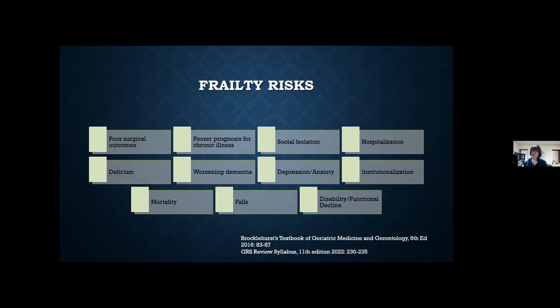Because they're not out and about, social isolation becomes much more of an issue, which can coincide or be comorbid with depression and anxiety. That lack of social engagement, we also know, increases the likelihood of people's dementia getting worse, again feeding into this whole cycle. And folks who are frail are at higher risk of being hospitalized, higher risk of winding up in nursing homes, and higher risk of dying, again, even when we control for all of those other factors.